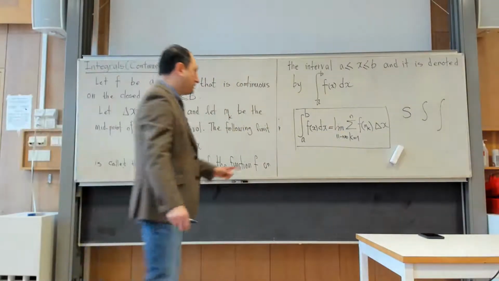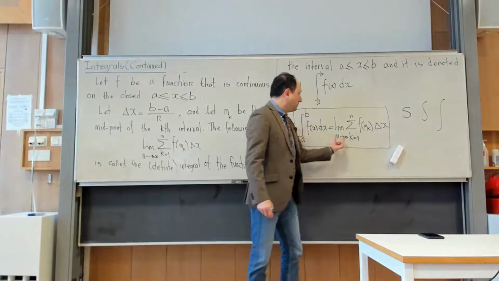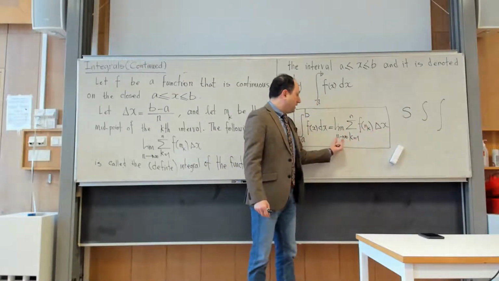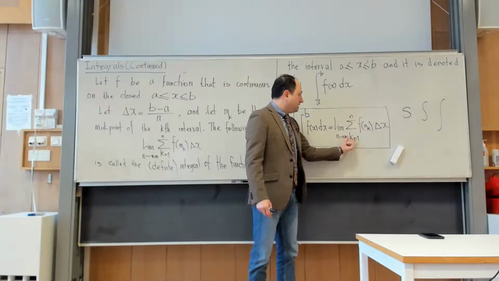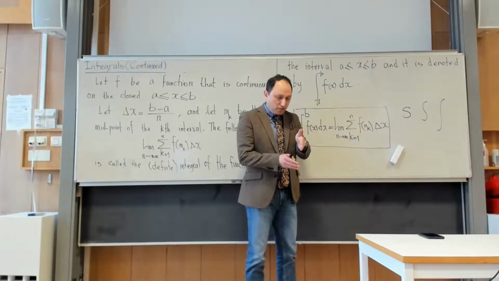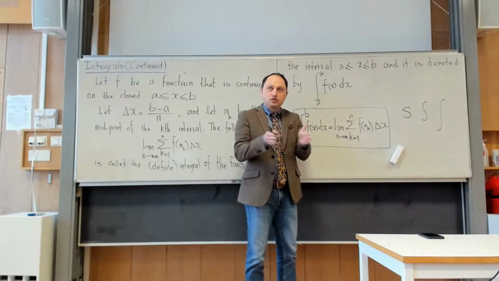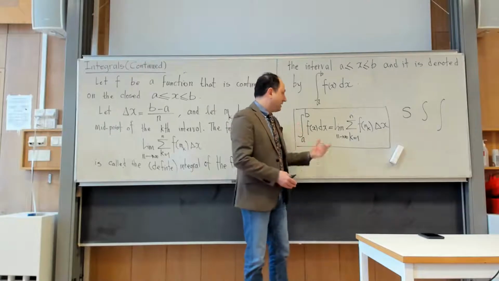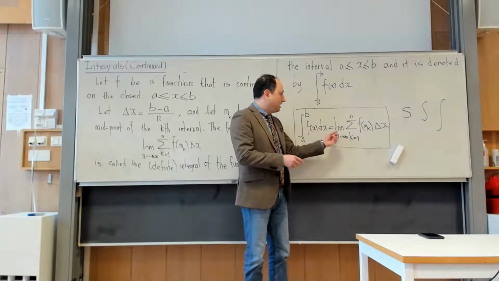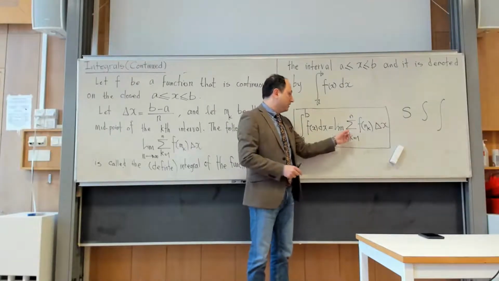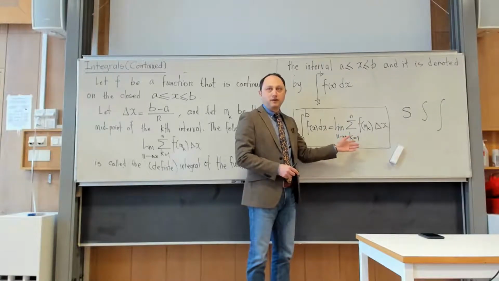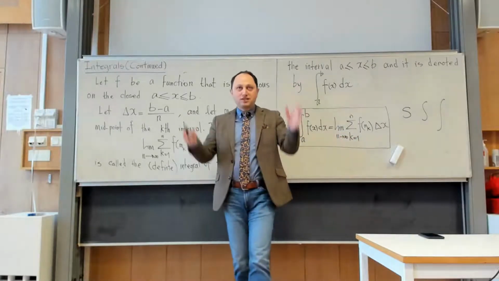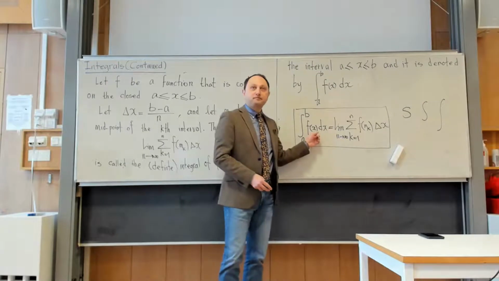But when you multiply it by delta x and send n to infinity, I still have a discrete sum, but the intervals are getting shorter and shorter. So it means that I am finding a very smooth sum when I am sending n to infinity. That smooth sum is actually this integral.